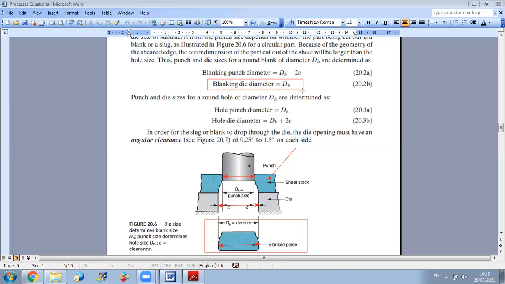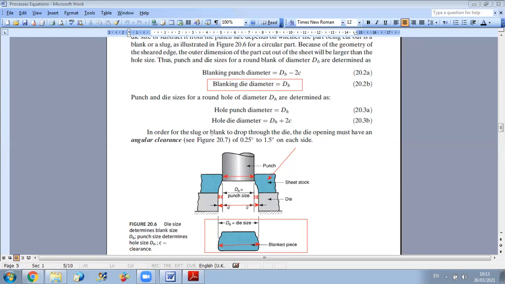Okay? So if I tell you it's a blanking operation, you start by saying the size of the work part is equal to the die size. If you have a circular operation, producing cylinders, then the blanking die diameter will be equal to the diameter of your desired cut part. On the other hand, the punch diameter will be equal to D_b, the die size, minus 2 times the clearance, because you should always ensure a clearance on all sides between punch and die.